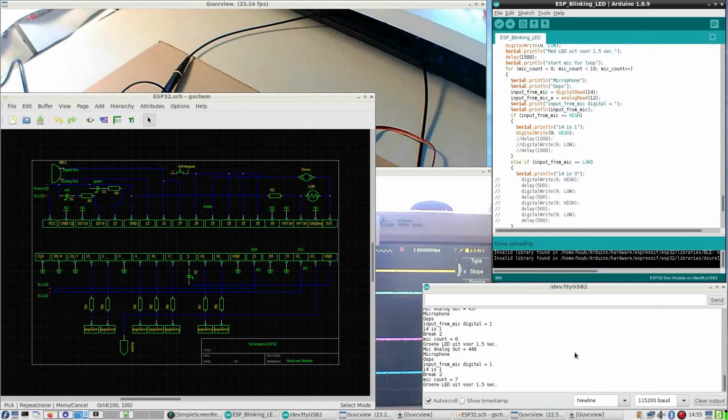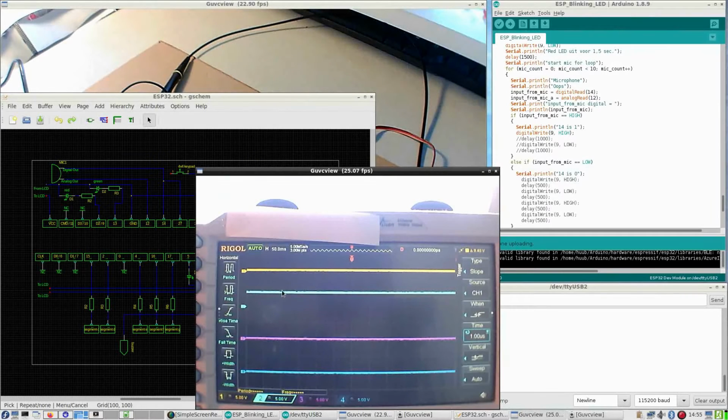And strangely enough, without doing anything, the digital input or output is suddenly 1 instead of 0, and I'm doing nothing special, as you can see here.